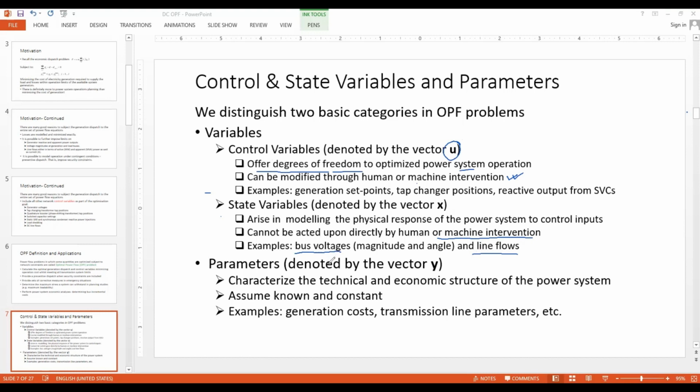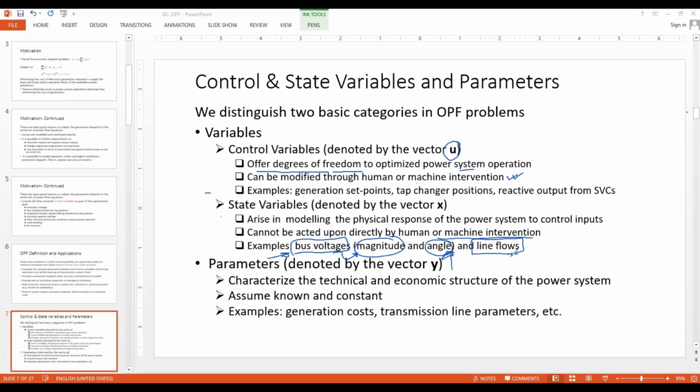Rather, what you can do is change the excitation input, and accordingly you may be able to control the bus voltage. The line flow is basically a function of the bus voltage magnitude as well as the bus voltage angle. The magnitude might be possible by changing the excitation. However, the angle is not possible directly.